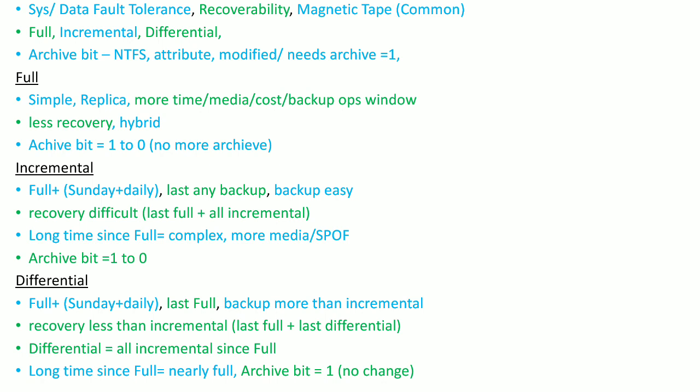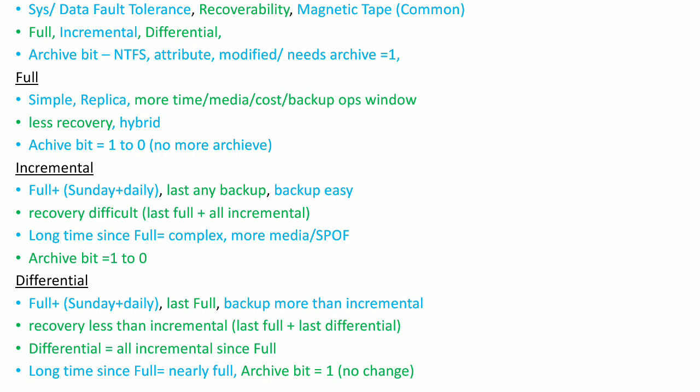And how does differential backup actually work on a technical level? After taking the differential backup, it does not change the archive bit, so it keeps the archive bit set to 1. It means that for a file which is modified since the last full backup, its value remains 1, and it remains available for the next day's differential backup.